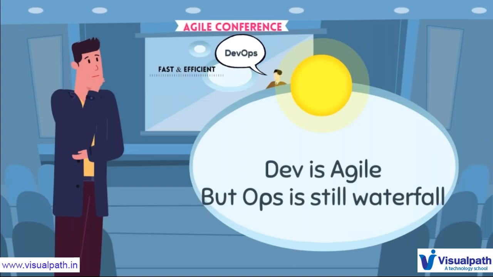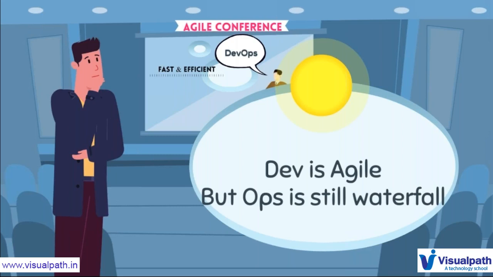Long back, it's been a decade actually now, there is a guy called Patrick Debois. There was an Agile conference, and he delivered a seminar to talk about how development has become agile. When the Agile movement started, all these problems started coming in a year or 2.